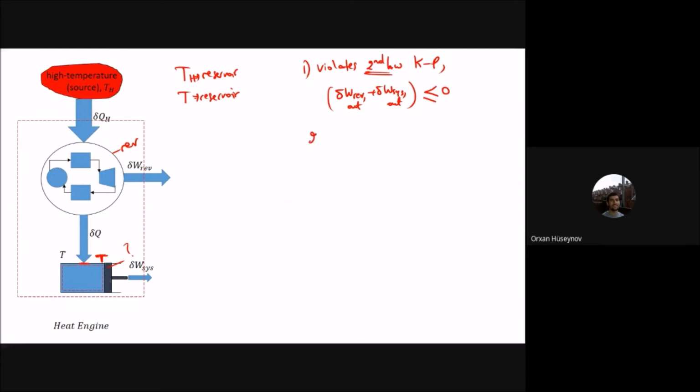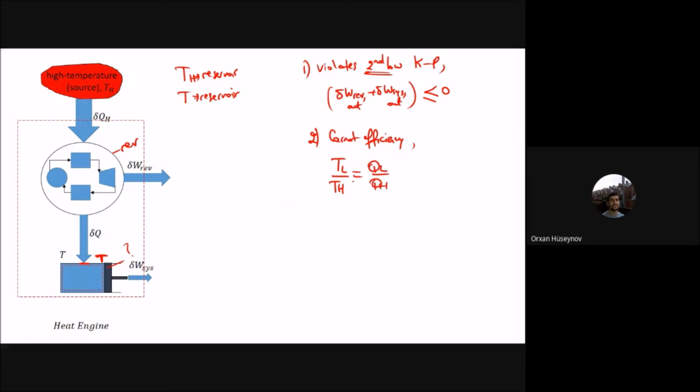The second one is that I will use the Carnot efficiency. If you remember, the Carnot efficiency says that TL divided by TH is equal to QL divided by QH.